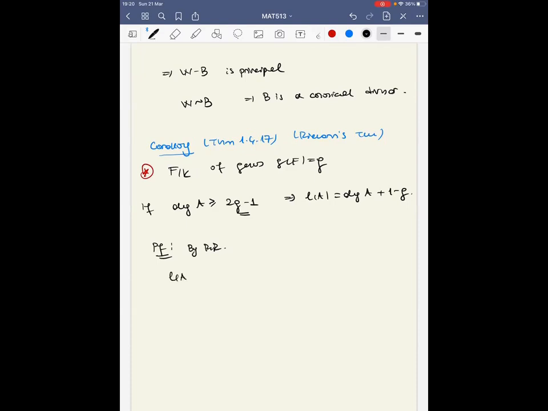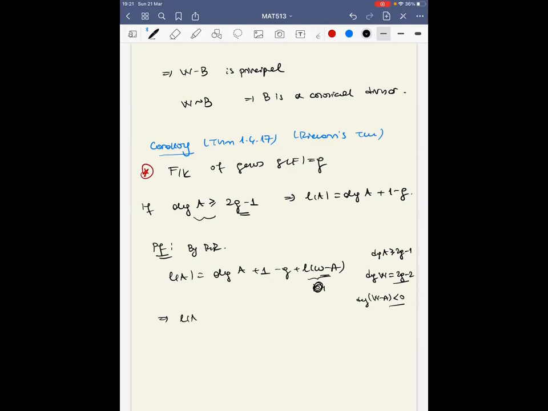So by the Riemann-Roch theorem, we know that it holds for every divisor A: the dimension of A equals the degree of A plus 1 minus G plus the dimension of W minus A. And if the degree of A is bigger than or equal to 2G minus 1, and the degree of W, the degree of the canonical divisor, is equal to 2G minus 2, the degree of W minus A is negative in this case, so that means this is a trivial space, so is of dimension 0.